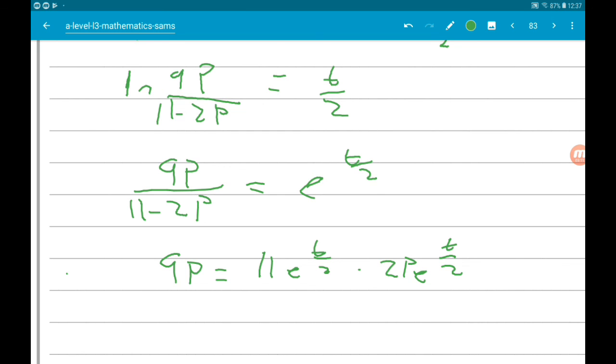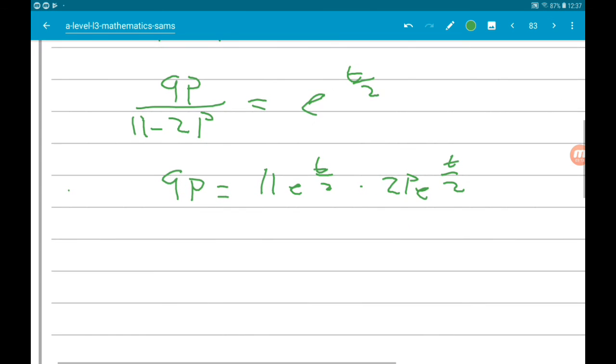Now we're trying to make p the subject, so we need all the p's together. So add that last term, we get 9p add 2p e to the t over 2 is equal to 11 e to the t over 2.